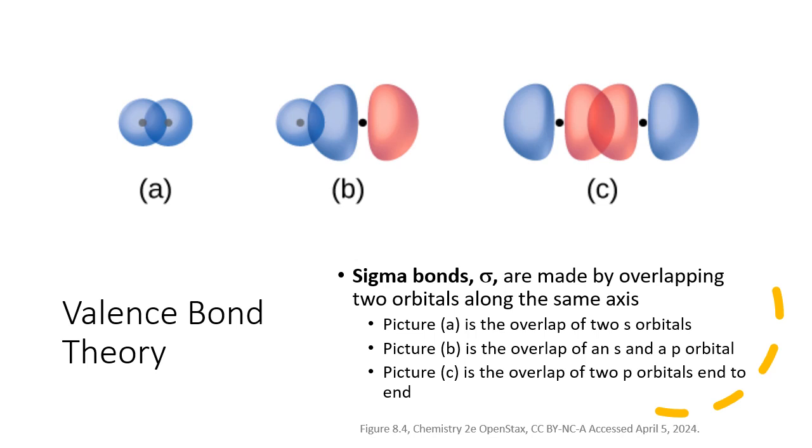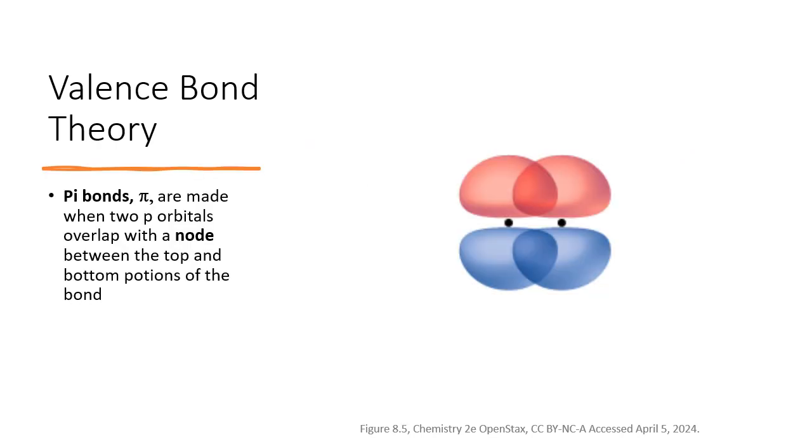This is not accidental. Let's look at the next slide, which talks about pi orbitals, and see if we can find the same thing. Pi bonds, given by lowercase Greek pi, are made with two p orbitals that overlap with a node between the top and the bottom portions of the bond. Recall that a node is a place where electrons are not present.